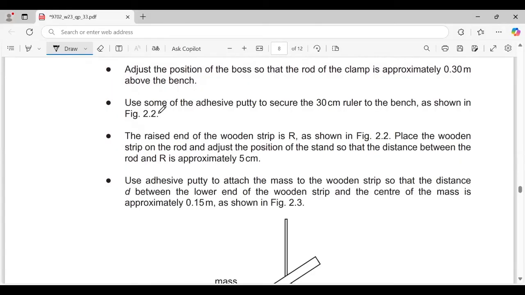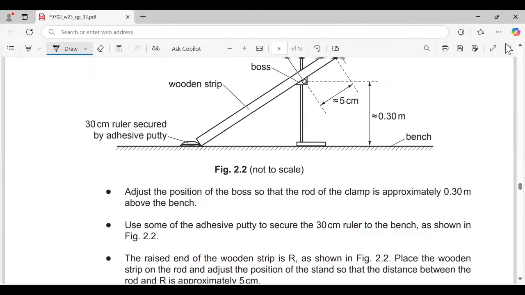Use some of the adhesive putty to secure the 30 centimeters ruler to the bench, as shown in figure 2.2. Already said, the raised end of the wooden strip is R, as shown in figure 2.2. Place the wooden strip on the rod and adjust the positions of the stand so that the distance between the rod and R is approximately 5 centimeters. This one.